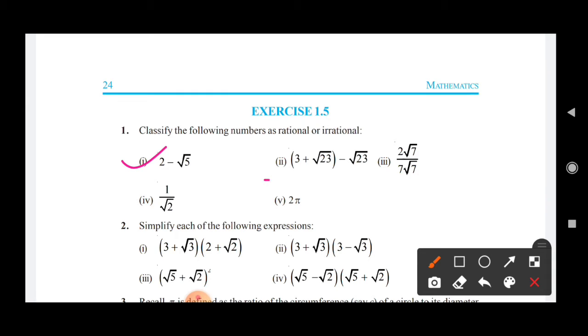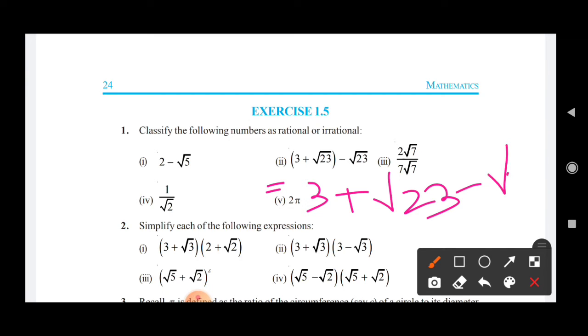And in number 2, if you remove this bracket, you will find 3 plus root over 23 minus root over 23. So this plus and minus will be cancelled, then you will find 3, which is a rational number. So number 2 is rational.